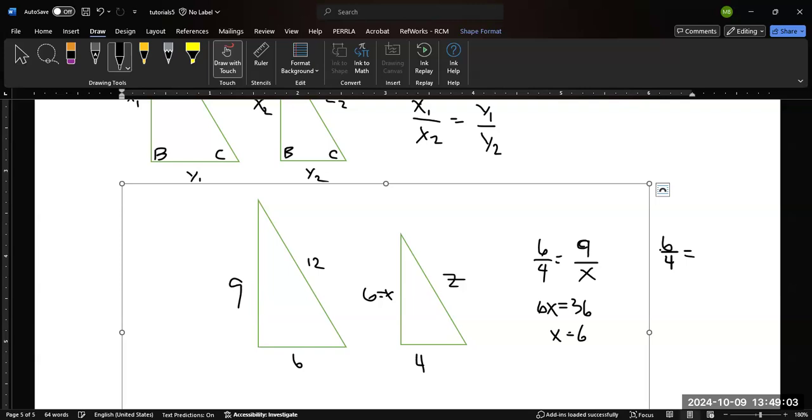The bigger triangle was on top here, so same thing over here, 12/z. And if I now do my cross multiplying, 6z is equal to 48. And then I divide by 6, z is equal to 8.